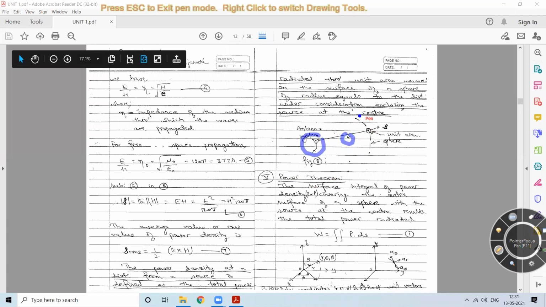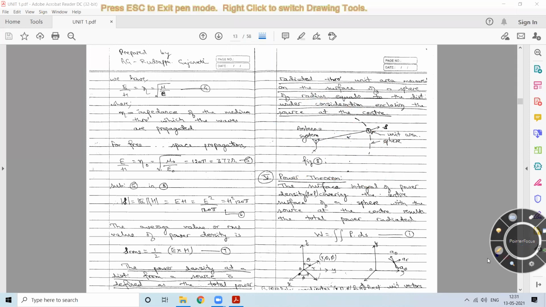Here, as per the power density, we consider the surface of the sphere at a distance r from this antenna, and we consider a unit area over that sphere.